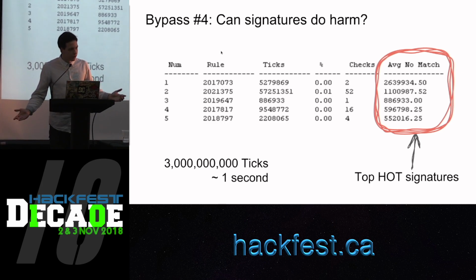How often do customers think about their IDS, about the signatures inside their IDS systems? Not often. Signatures are taken as something stable as a rock, solid, good, and nobody thinks that it can hurt. But actually, signatures have different performance. Some are slow, some are fast.